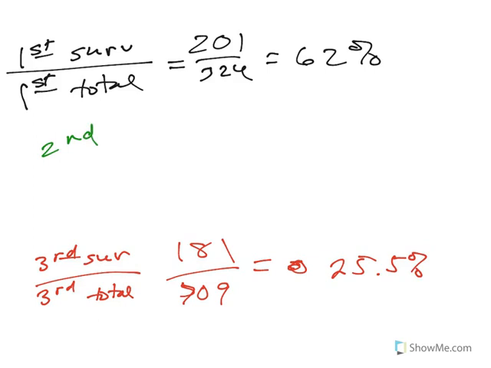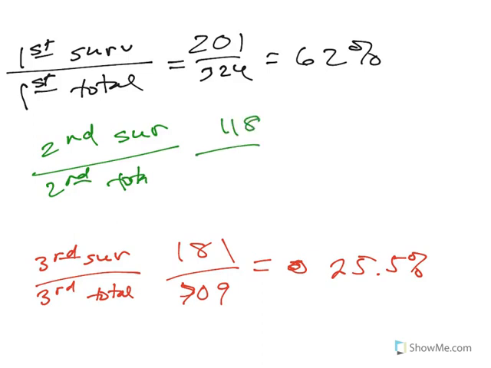And just for fun, if we look at second survive over second total, we get 118 over 284, which is roughly 41.5%. So if we're looking at survival rates by class, right, focusing on each class, if you were in first class, you had a 62% chance of survival.